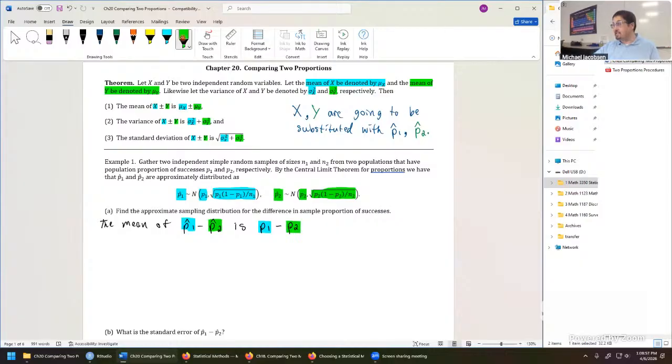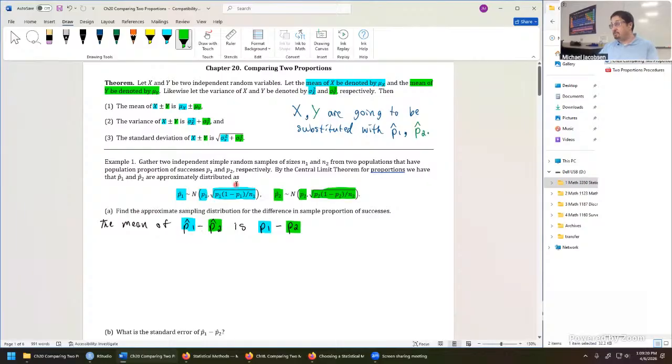So all we've done here is take this mean and this mean, P1 and P2. If we're combining the statistics, p hat 1 minus p hat 2, then we just subtract those two means. So that's going to be the center, the first thing that goes in our specification for the normal distribution of p hat 1 minus p hat 2.